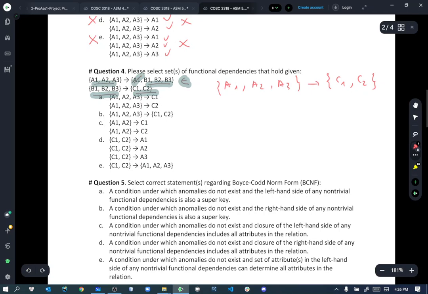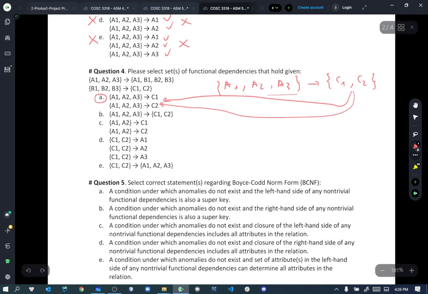And from here, you can split it out into this and into this, so it's true. And this one is exactly the same as this, so it's true. Now we are saying that A1, A2, A3 determine C1, but it has to be all 3 of them. So only 2 of them may not determine C1. So this one is not true. Similarly, this one is not true.